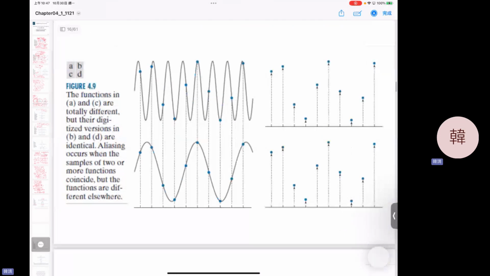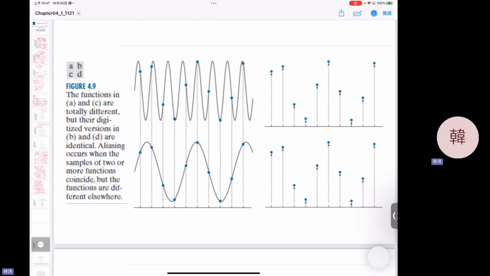Okay, so now the issue happens. Remember we are only sampling your signal at a specific sampling frequency. So look at this one-dimensional signal. We just use very simple sinusoids.